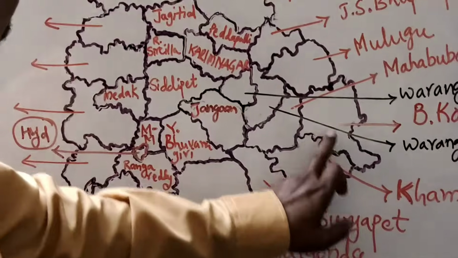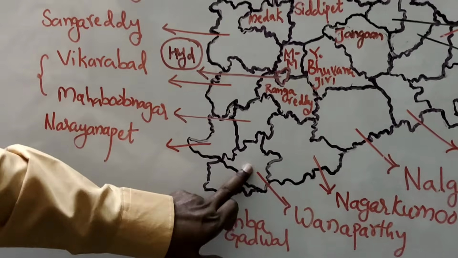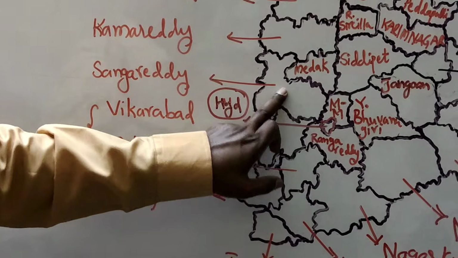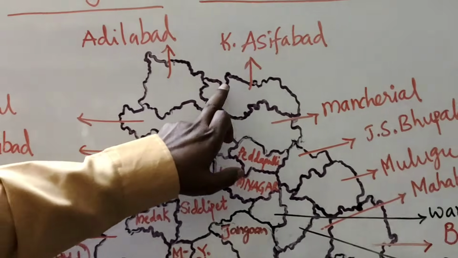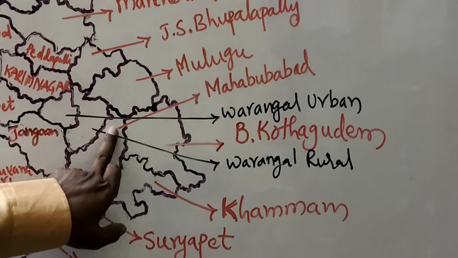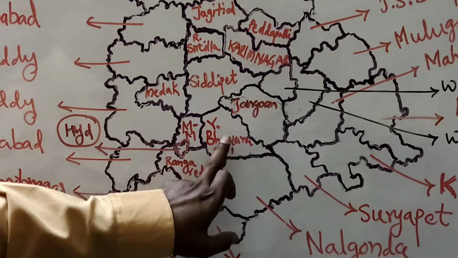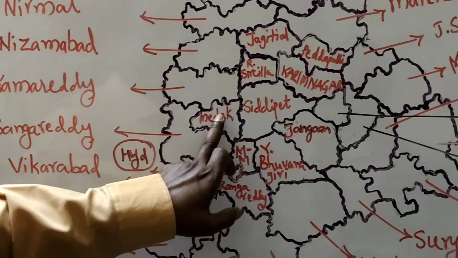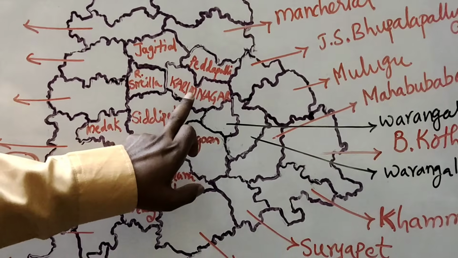Bhadradri Kottagudem, Khammam, Suryapeta, Nalgonda, Nagar Karnool, Vanaparthi, Jogulamba Gadwal, Narayanpet, Mahabub Nagar, Vikarabad, Sangareddy, Kamareddy, Nizamabad, Nirmal, Adilabad, Komrambim Asifabad, Mancherial, Jaishankar Bhupalpalli, Mulugu, Mahabubabad, Warangal Rural, Warangal Urban, Jangaon, Yadadri Bhuvanagiri, Rangareddy, Hyderabad, Medchal Malkajgiri, Medak, Siddipet, Rajanna Sirsilla, Jagityal, Peddapalli, and the last one is Karimnagar.